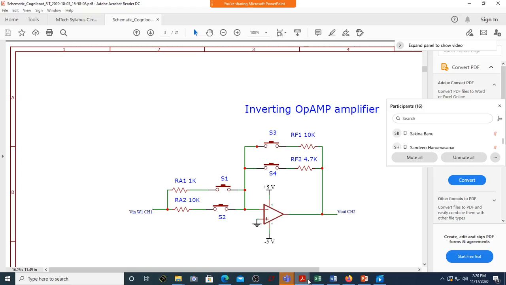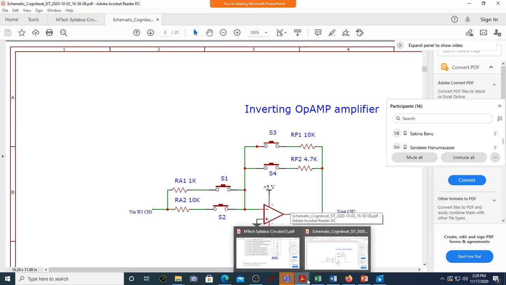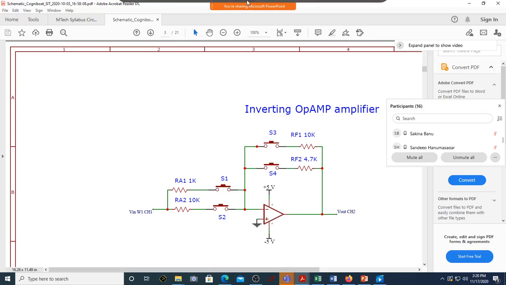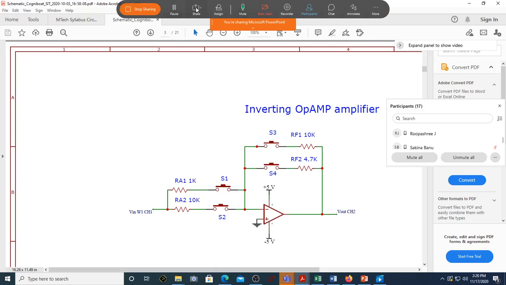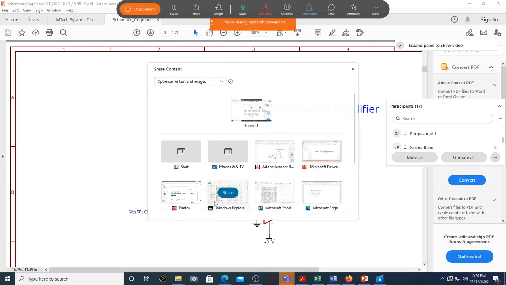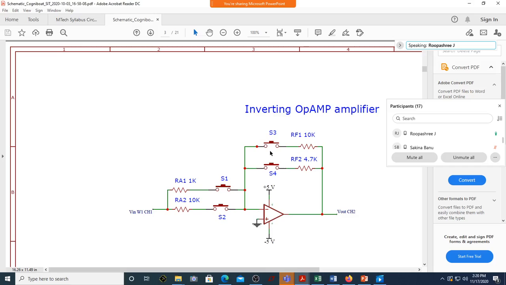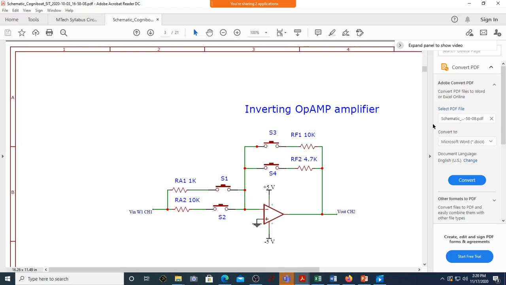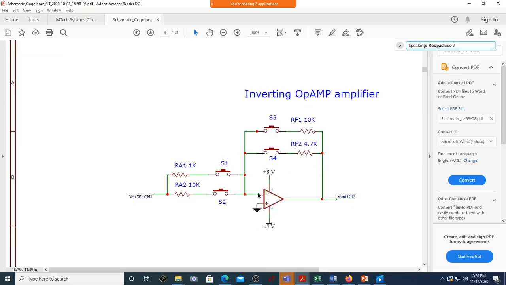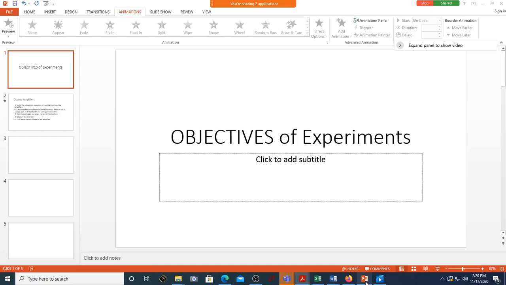Am I sharing the PDF? No, the PDF is not shared. Let me share that also. One second. Okay, is this visible now? Inverting amplifier? Yes, sir. Okay, fine. Let me just go to this also.